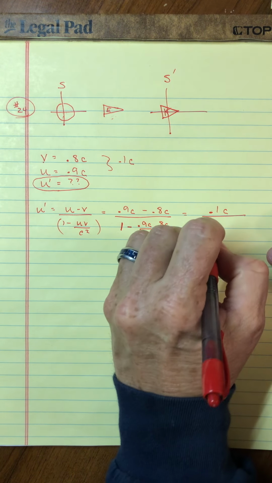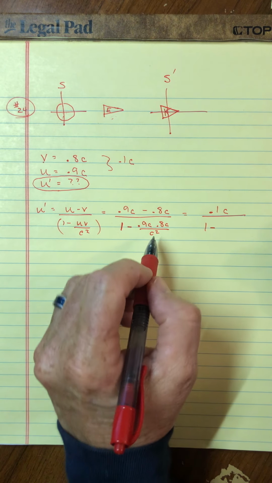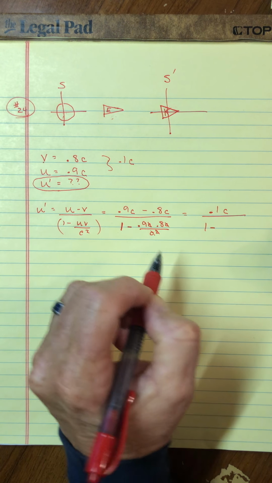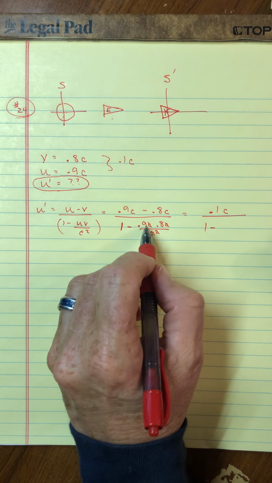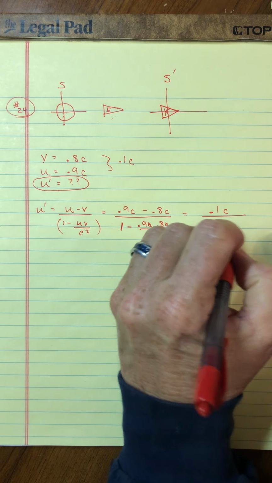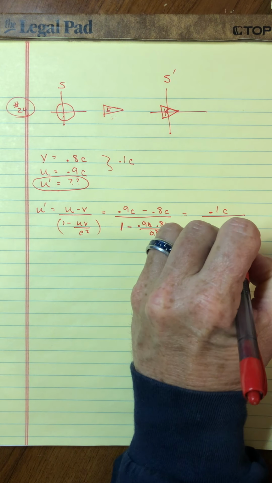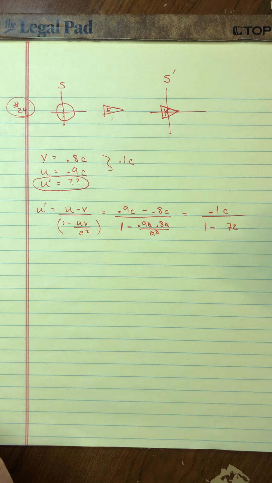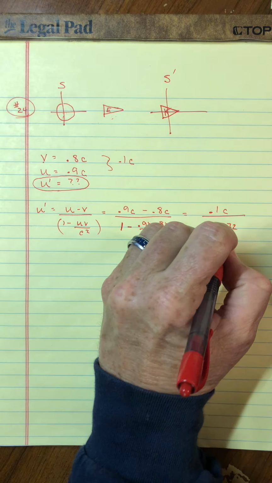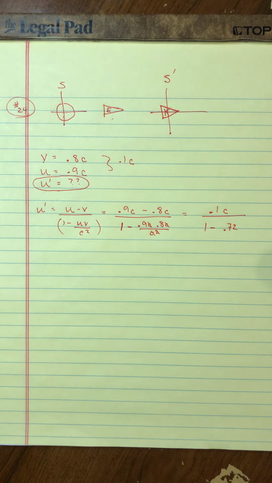Makes the math kind of easy because this would be 1 minus, and all the c's would cancel off. And of course, 9 times 8 is 72. And so 0.72 with a decimal there.